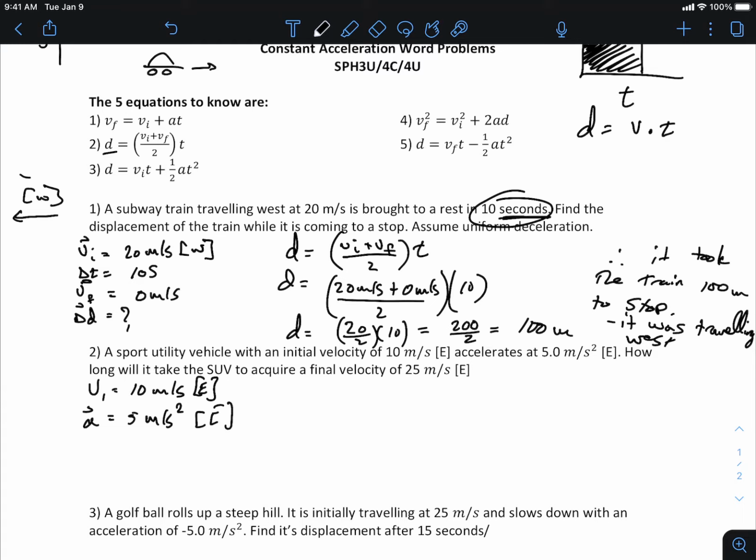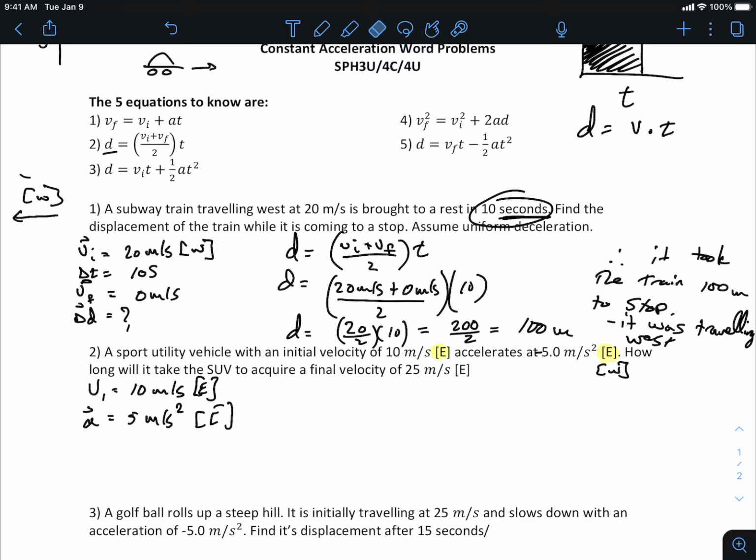So if it's accelerating in the same direction, east and east, it means it's speeding up. If this was a west, then it would be slowing, it'd be putting the brakes on, it'd be slowing down. West. You might even see that this number is negative. And it's decelerating, which we saw yesterday. The slope would have been negative.